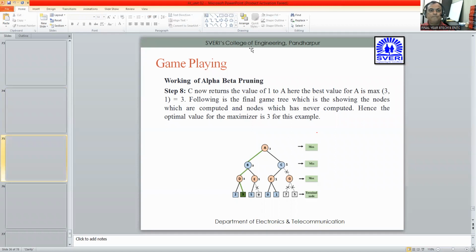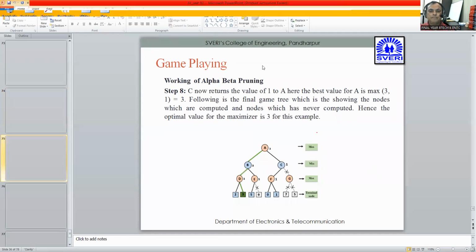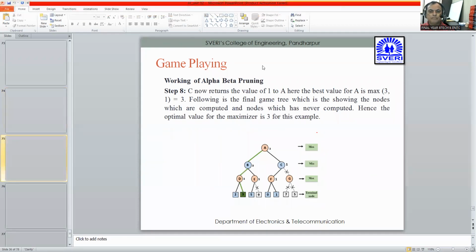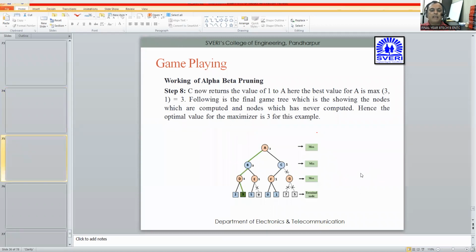Have you got it? So in this way, we can calculate alpha beta pruning.